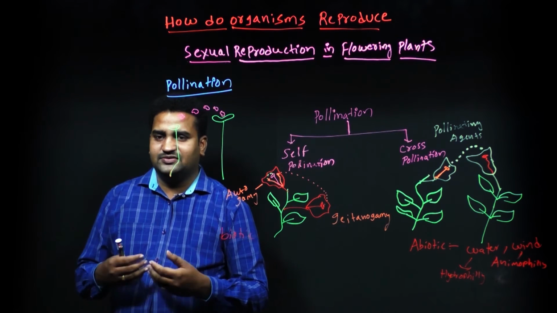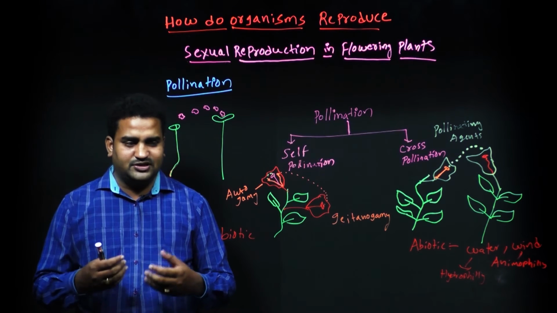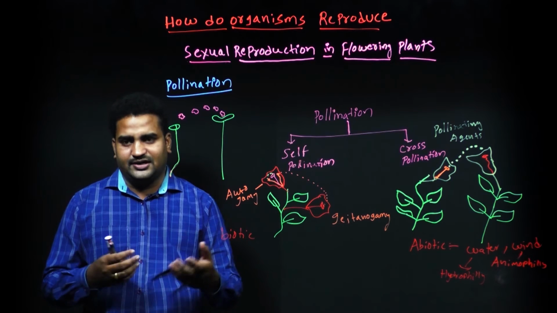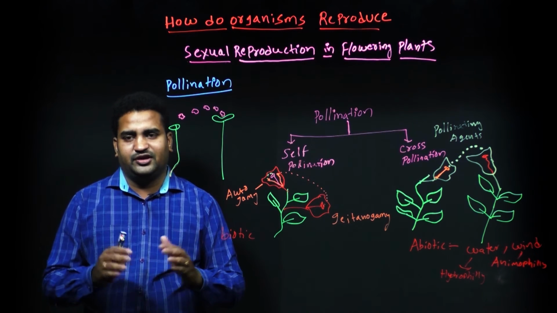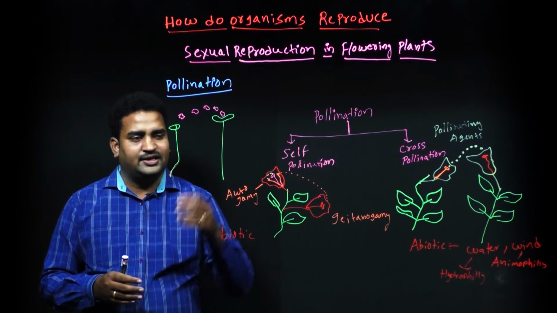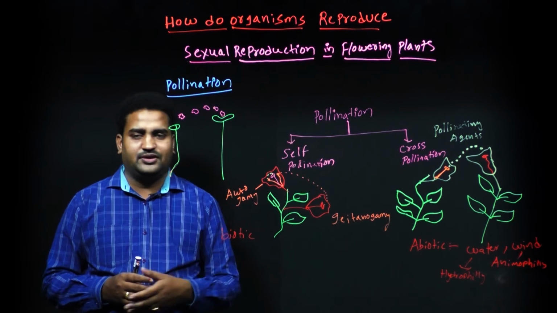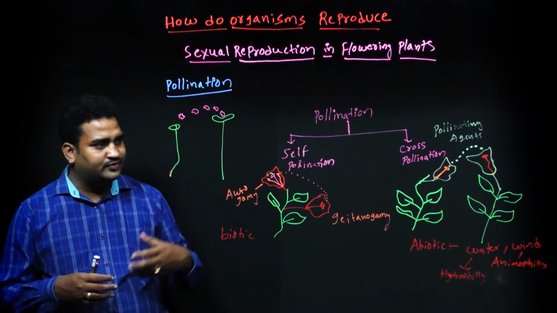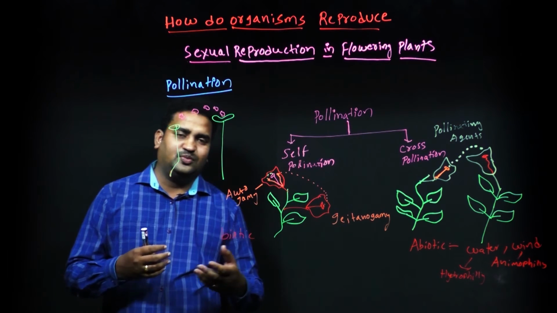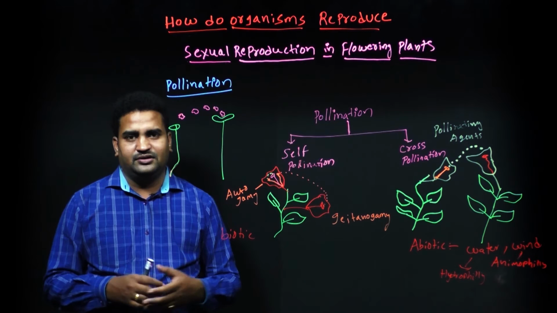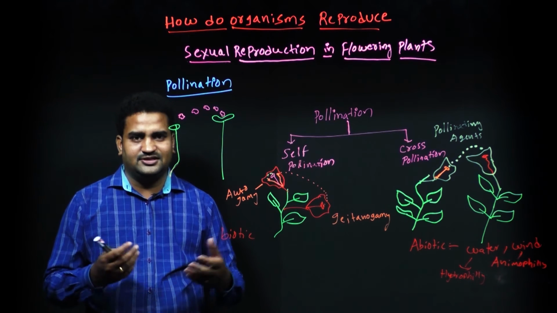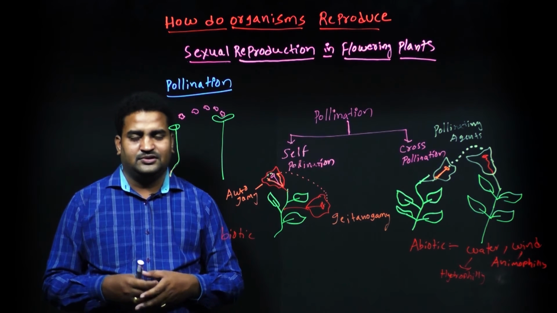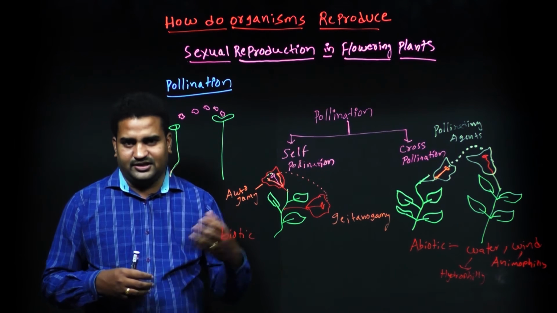If transfer occurs within the same flower of the same plant, then it is autogamy. If it occurs between two different flowers of the same plant, then it is known as geitonogamy. Now coming to cross-pollination, it occurs between different plants, not on the same plant. So the pollen grains from one plant reach another plant.